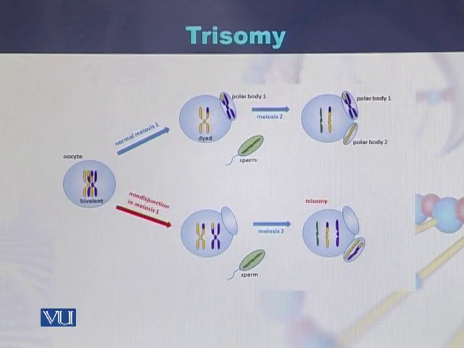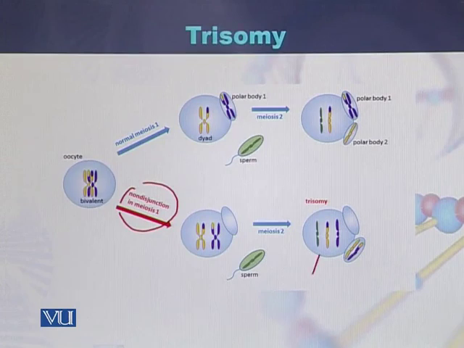In this diagram, we can see how a primary oocyte, if there is non-disjunction, is converted into trisomy. If there is non-disjunction, it is ultimately converted into 3 chromosomes instead of 2 chromosomes.